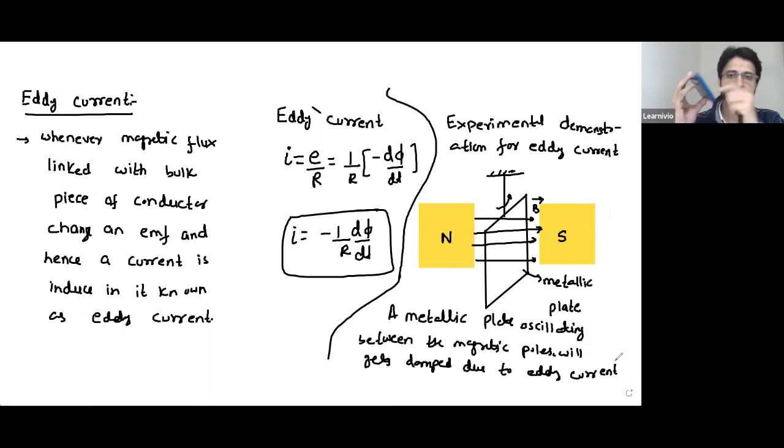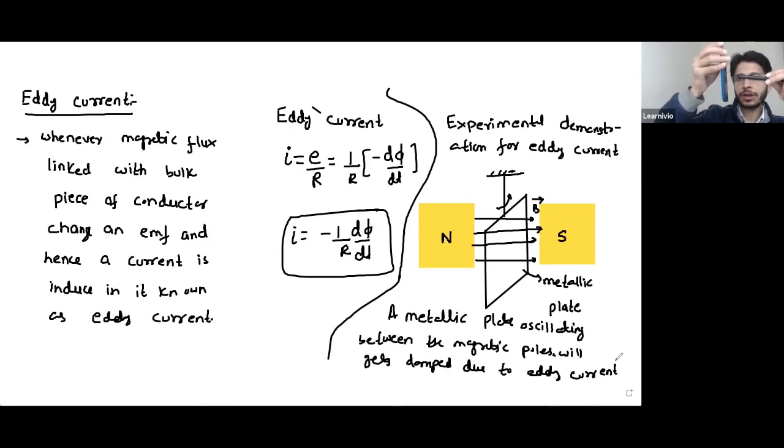The flux is increasing due to the motion of this plate into the magnetic field. As the flux changes, a current is induced in this plate, and that induced current will oppose its motion. This induced current will try that this plate does not enter the magnetic field.